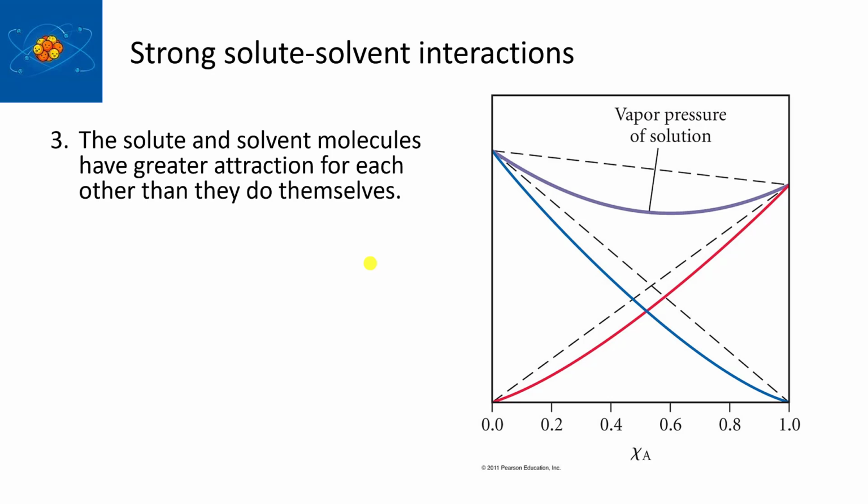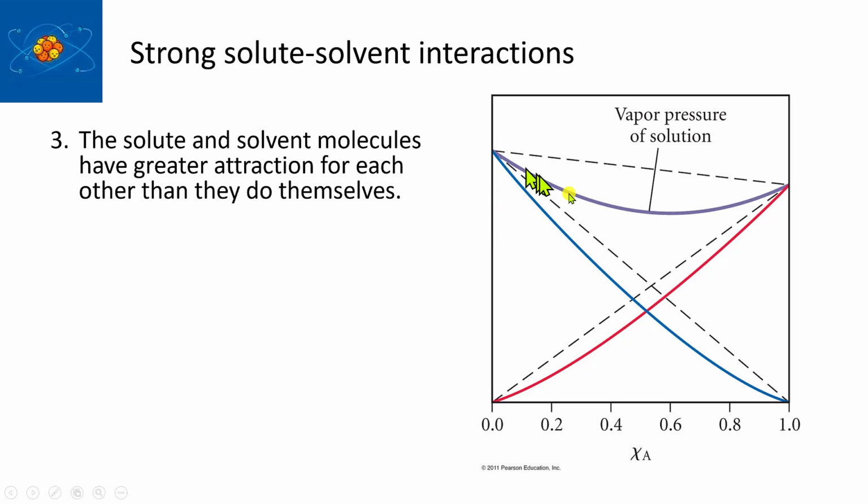So what happens when two molecules that are mixed are more strongly attracted to each other than they are to themselves? The intermolecular forces of attraction between the two molecules are stronger than in the pure states. Well, when you start making mixtures of these substances, the vapor pressures begin to drop for each of the components.